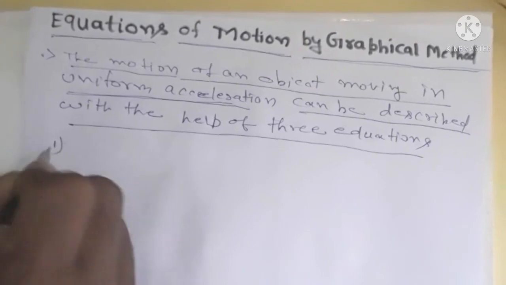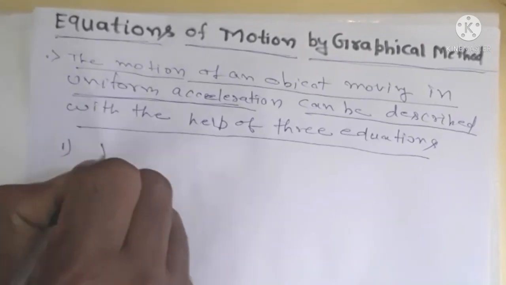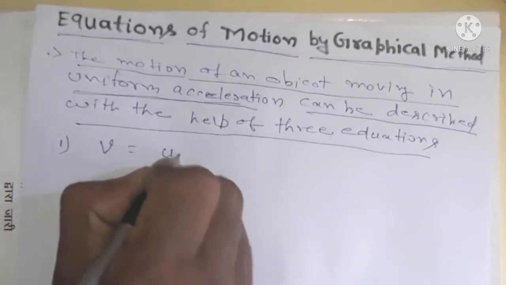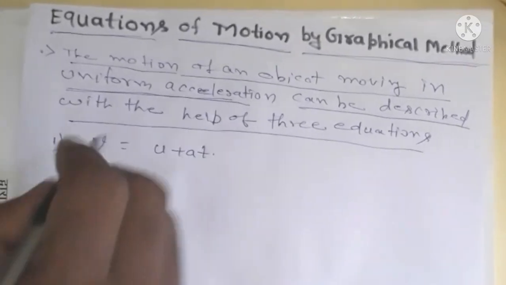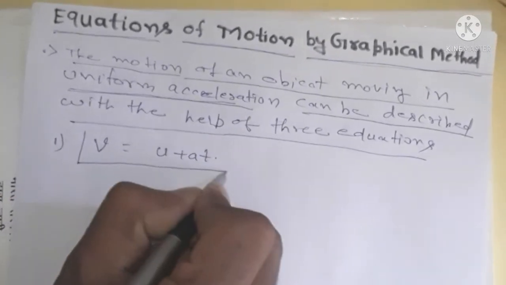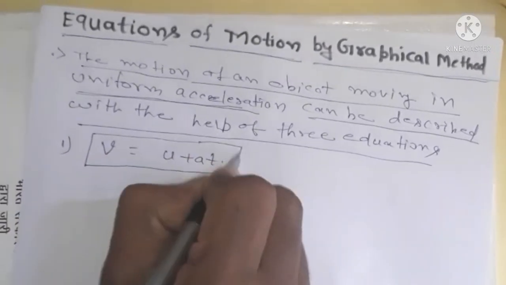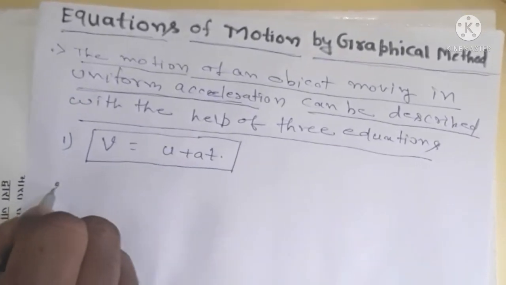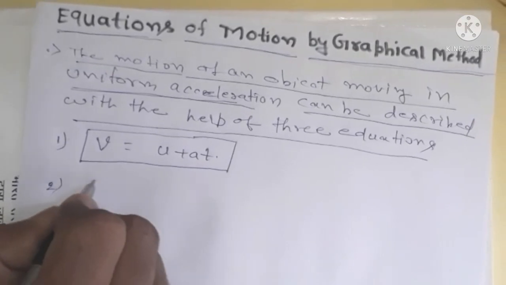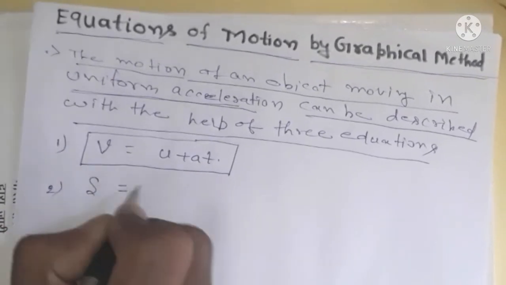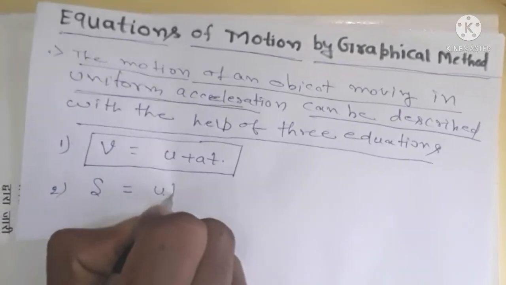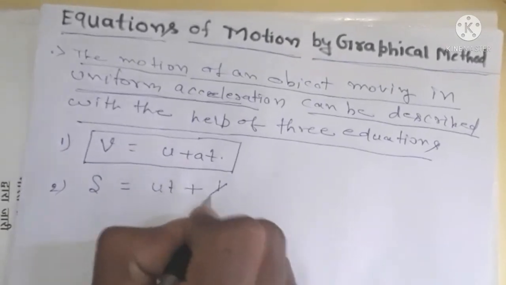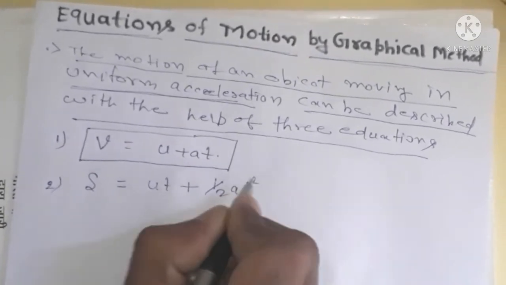First equation is v equals u plus at. v is our final velocity, u is our initial velocity, a is acceleration and t is time. Second equation is s for displacement equals ut plus half at square.